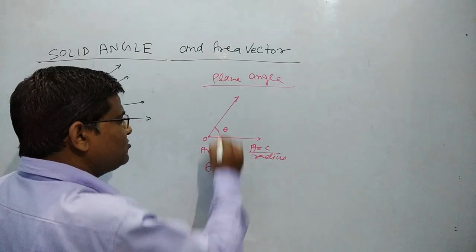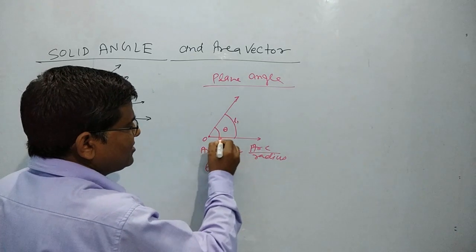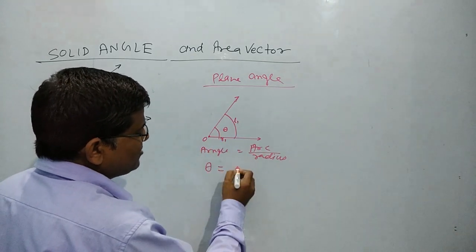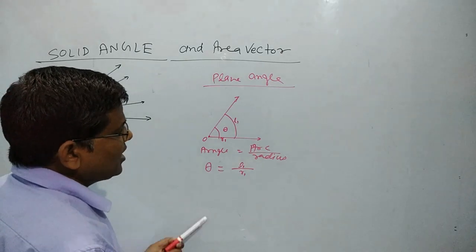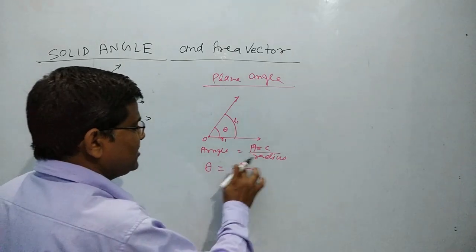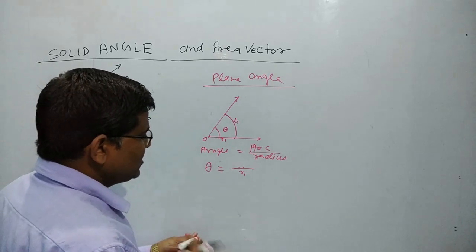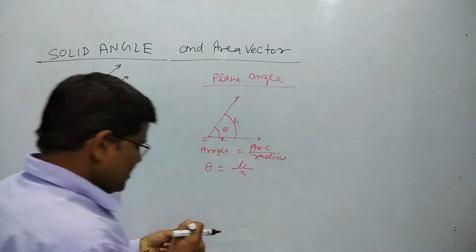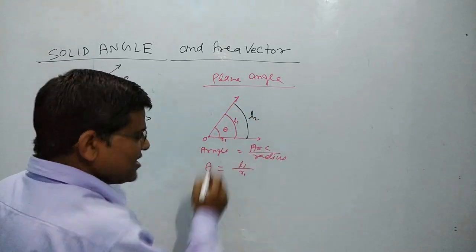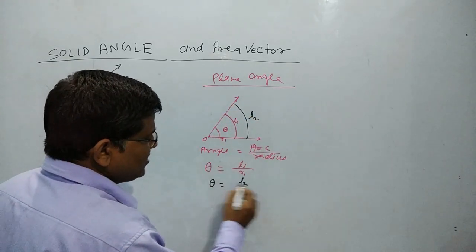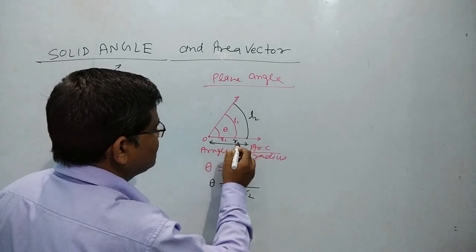Then theta equals arc over radius. Suppose the arc is L1 and R1 is the radius, then theta equals L1 by R1. And if the arc is L2, then the angle is constant, L2 by R2, and the distance is R2.